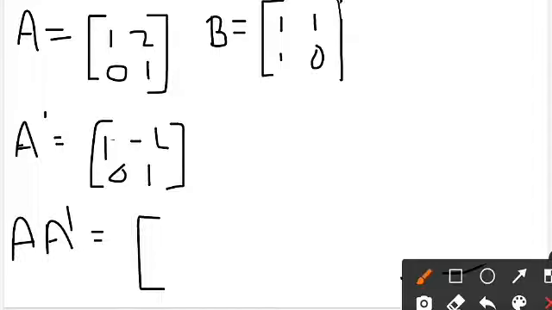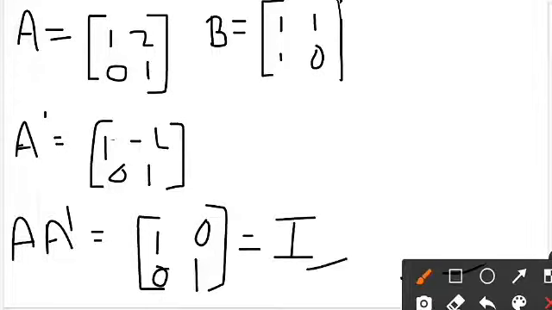Here we will get 1, here we will get minus 2 plus 2, that is 0, here we will get 0, and here we are getting 1. And this is nothing else but the identity matrix, the identity element. So A into A inverse is I. So matrix A dash is the inverse matrix for matrix A. And it is also a 2 by 2 matrix having determinant 1, so it also satisfies the closure property. Therefore all 4 properties of groups are satisfied. Therefore 2 by 2 matrices with entries coming from Z having determinant plus or minus 1 form a group.